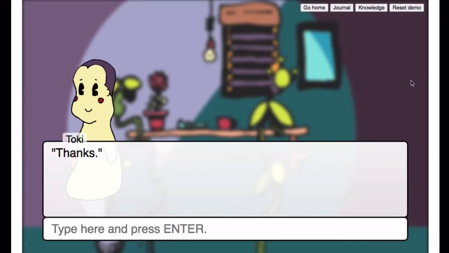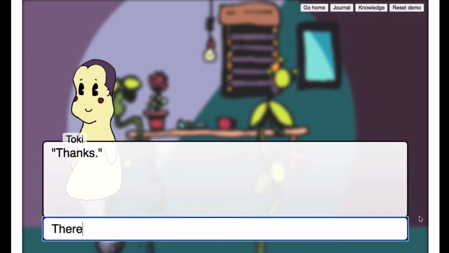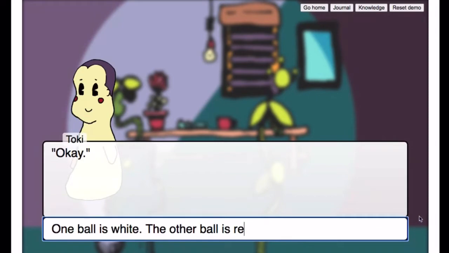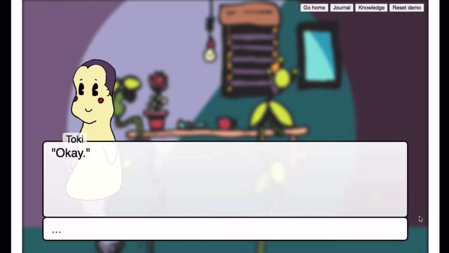Like let's say we give Toki a simple puzzle. Like there are two balls. One ball is white, the other ball is red. The ball I hold is, which one? Let's say it's red.